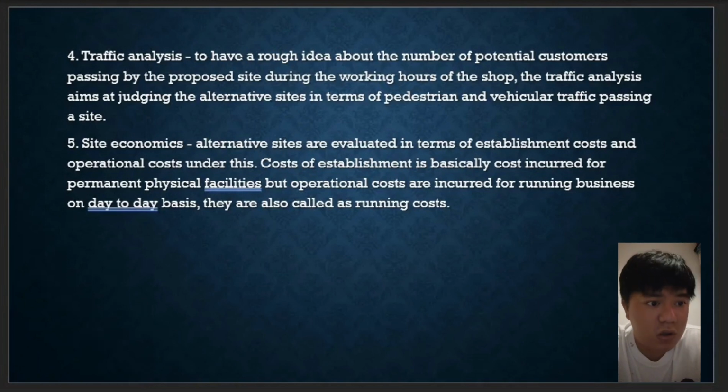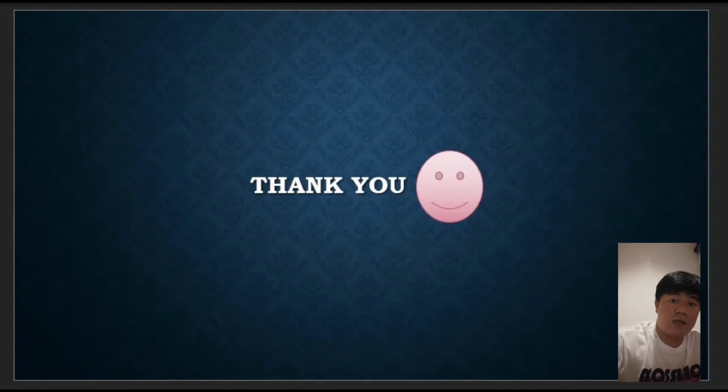Under this, cost of establishment is basically the cost incurred for permanent physical facilities, but operational costs are incurred for running the business on a day-to-day basis. They are also called running cost. So that's all.